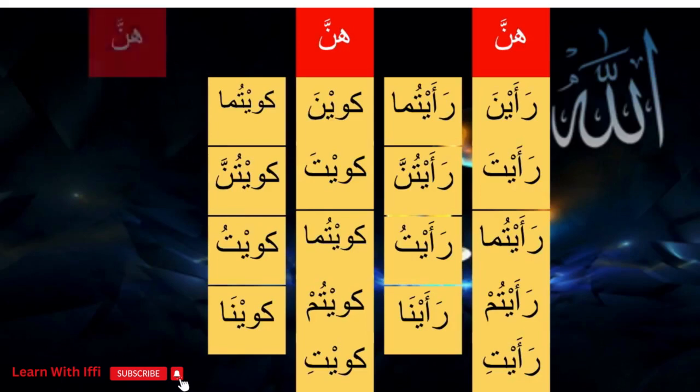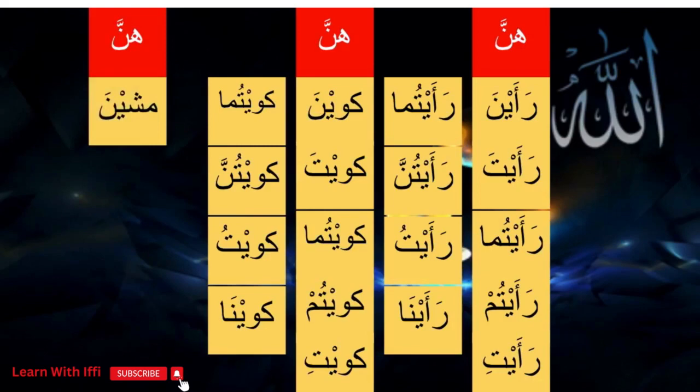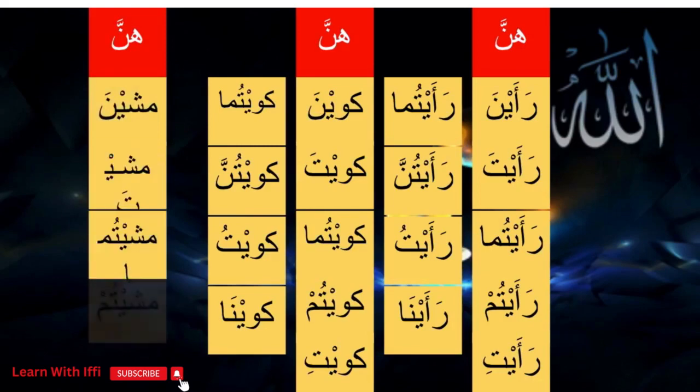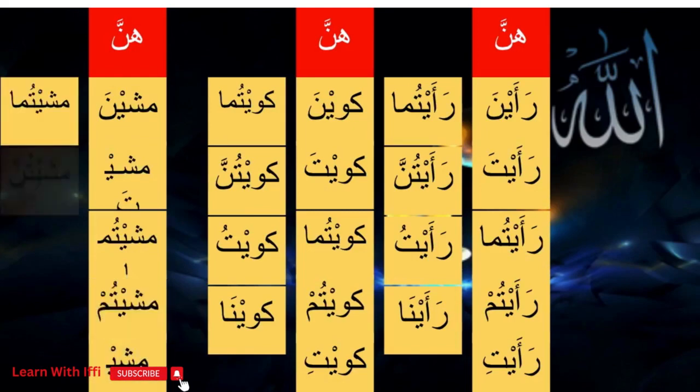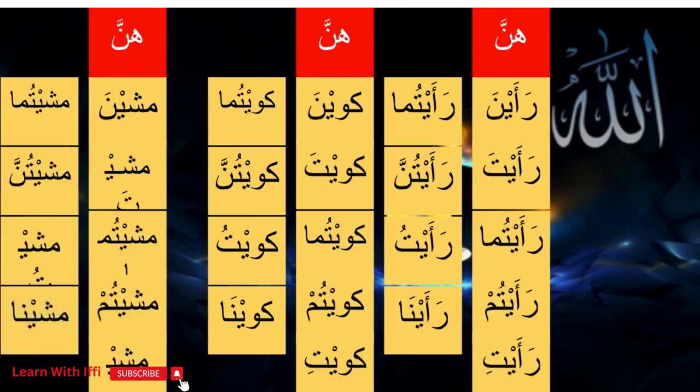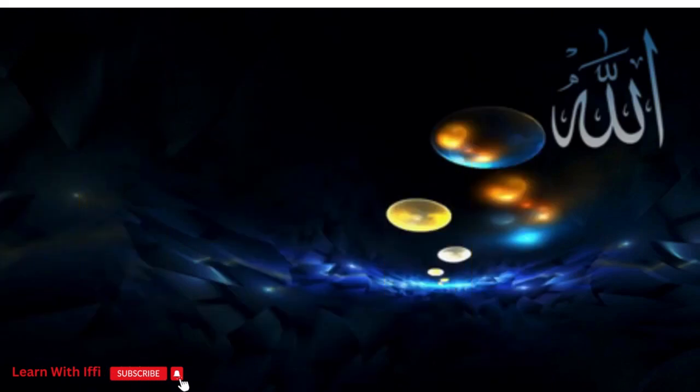And again, for example, masha becomes mashaina, mashaituma, mashaitum, mashaiti, mashaituma, mashaitunna, mashaitu, mashaina. So that's a little bit of understanding of the weak letter.